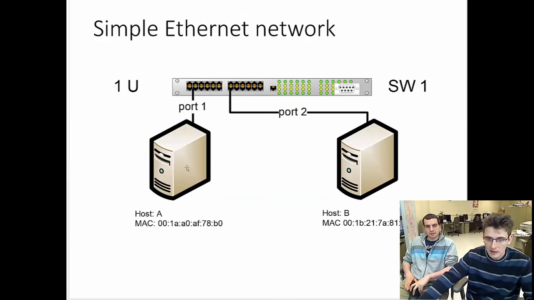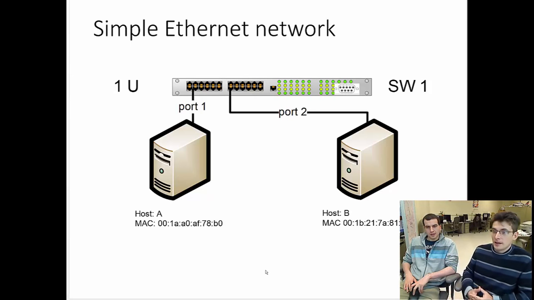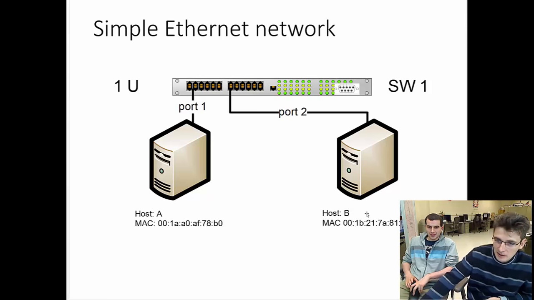And as you can see on this picture, two computers have their well-defined MAC addresses. They are usually defined by the manufacturer of the network card, but in many situations you can maliciously or non-maliciously change those and pretend to be someone else.